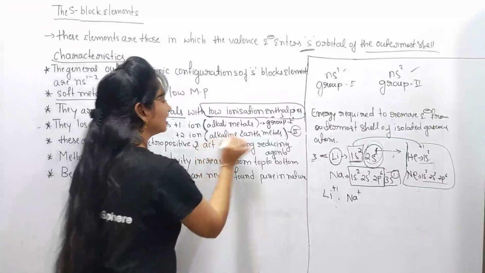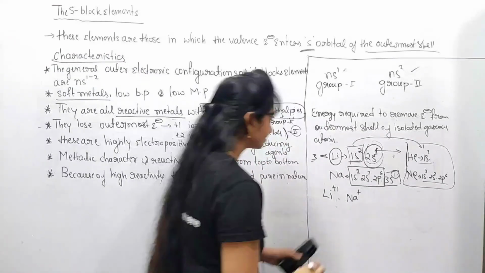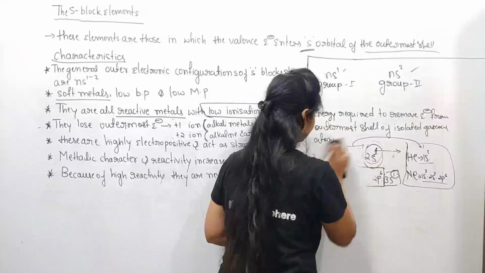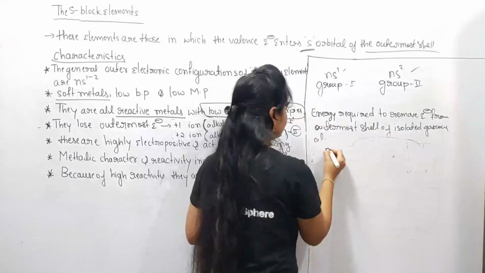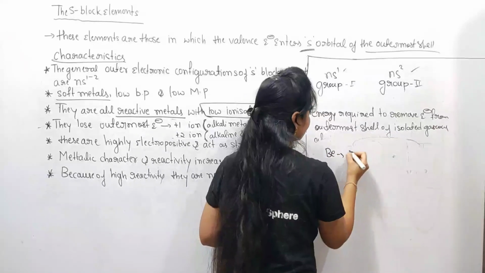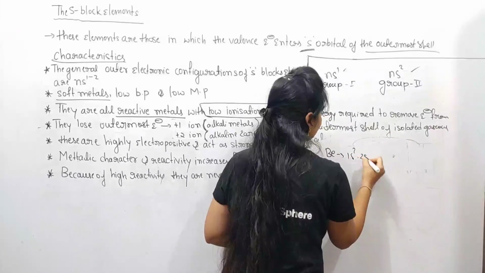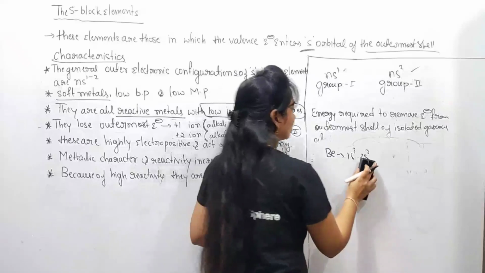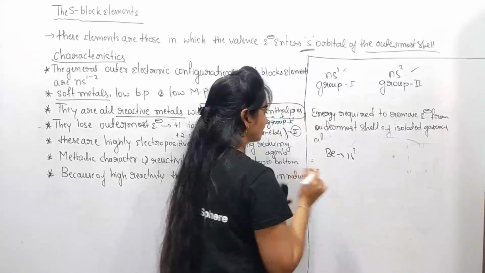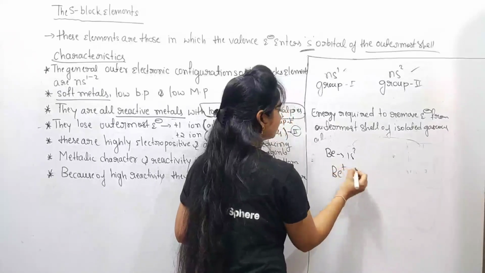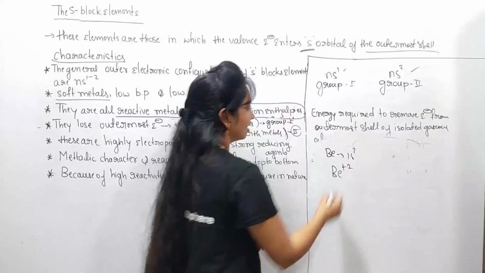Like this, the alkaline earth metals also. Just observe, beryllium has electronic configuration 1s2, 2s2. It loses 2 electrons and becomes beryllium plus 2.